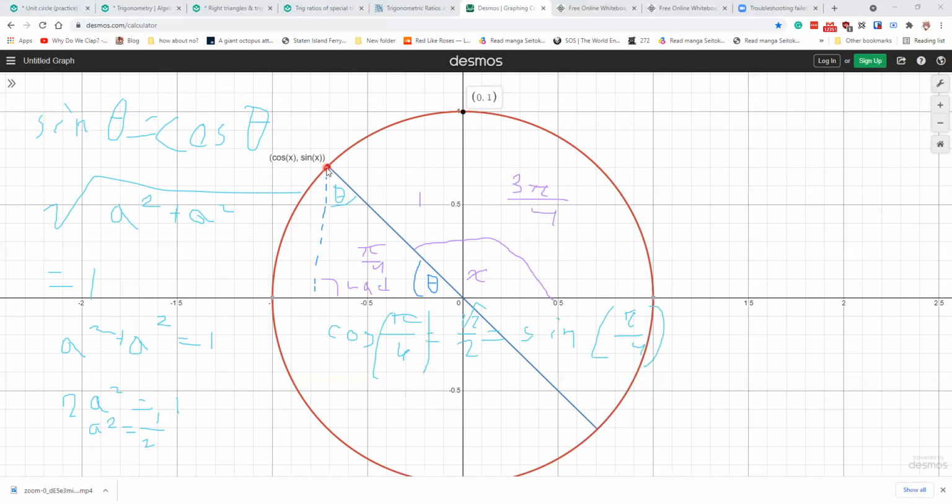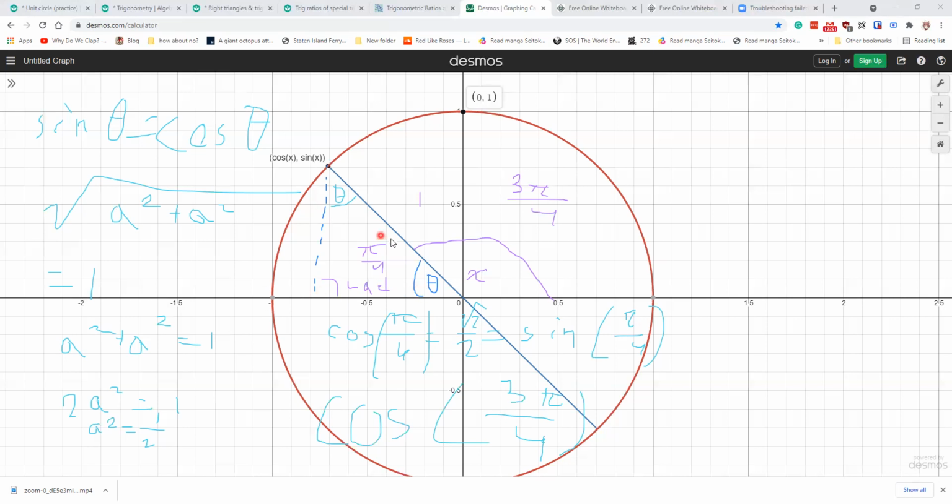Why not? And so what we have to consider here is that although cosine of pi over 4 is equal to root 2 over 2, if we were to look at the actual x value, cosine of x, cosine of 3 pi over 4, is actually equal to, well, look at this here.